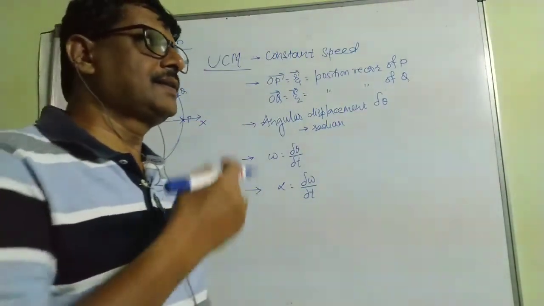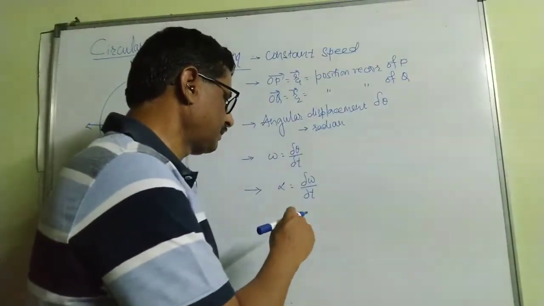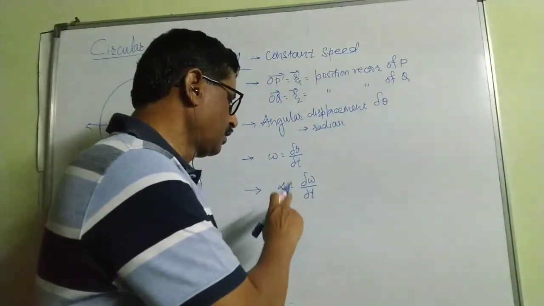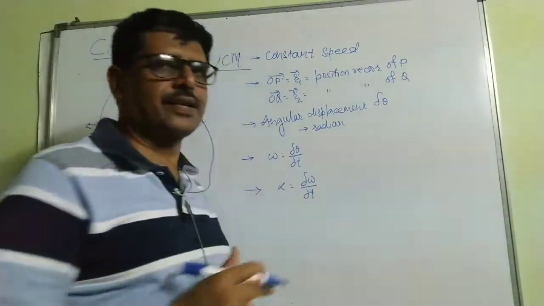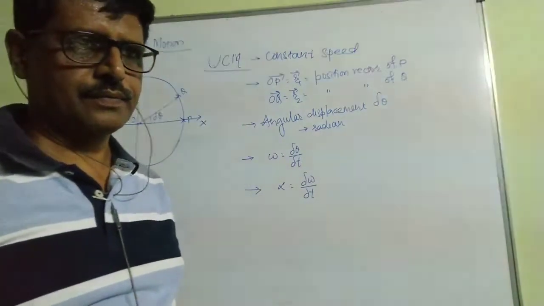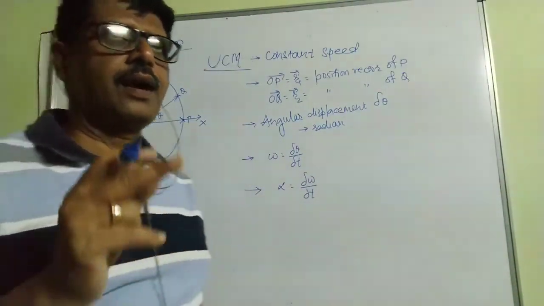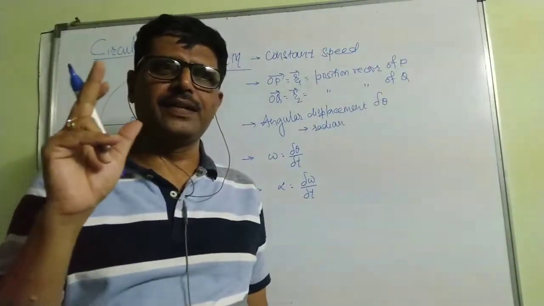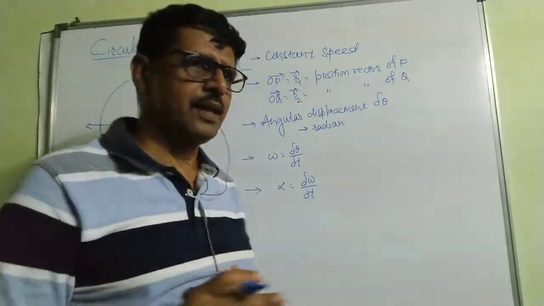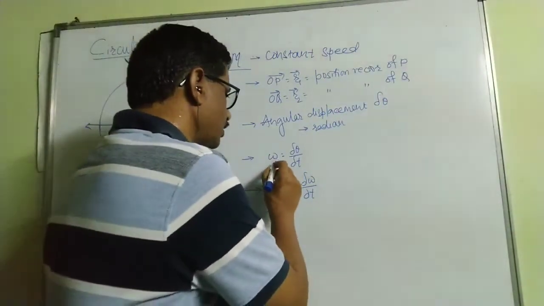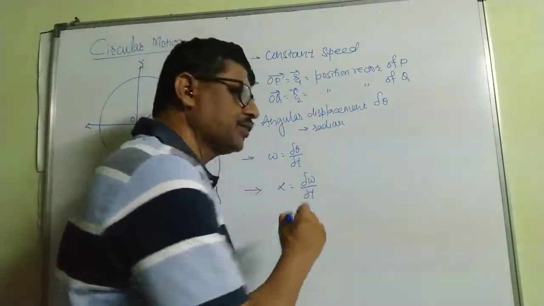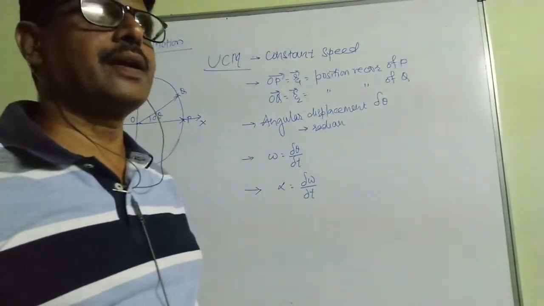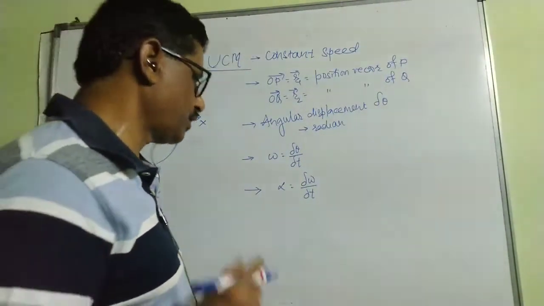The increase in the angular velocity gives rise to angular acceleration. And once a steady speed is maintained, the angular velocity is constant, and we say that it has zero angular acceleration.